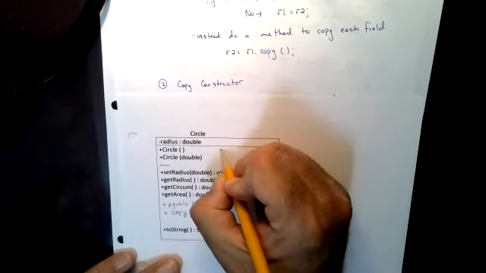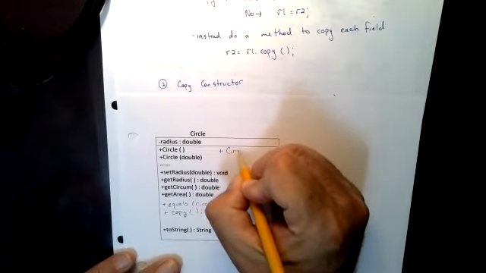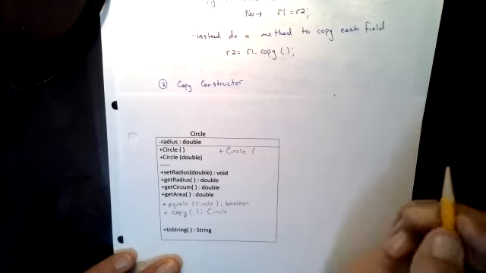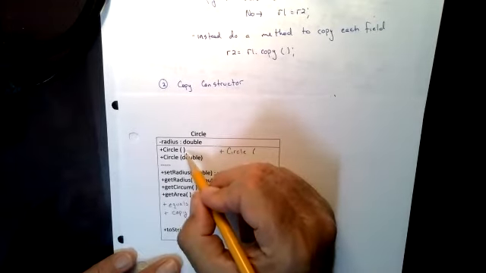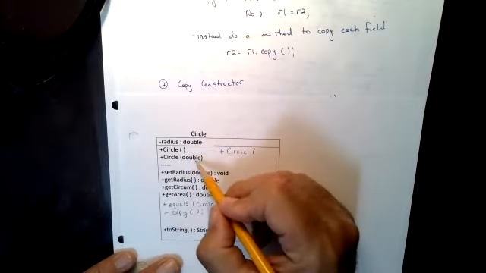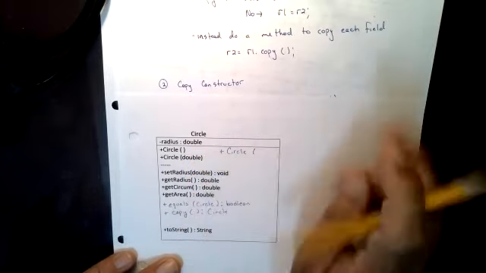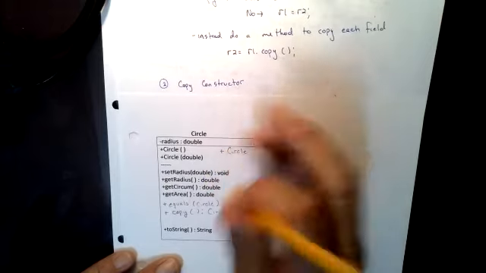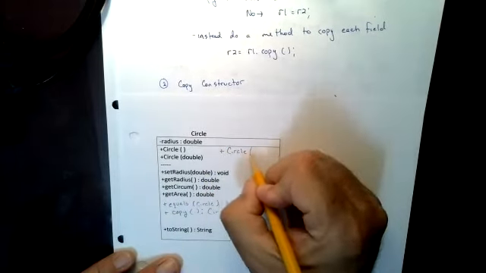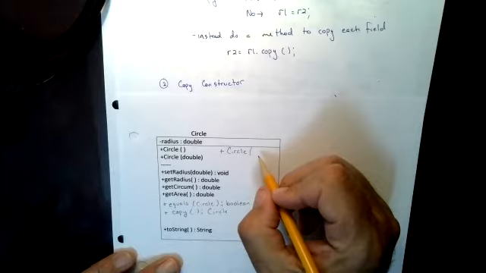Finally, another way to copy would be a constructor. And what would I have in the constructor? Not a default constructor, not a constructor with the radius coming in, but this time I'd have a constructor with what coming in? What would be the parameter list here?